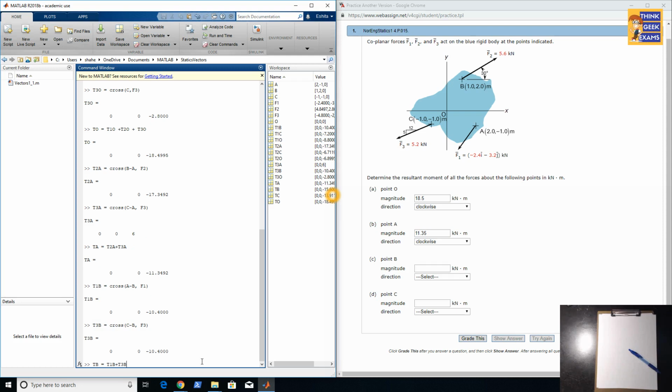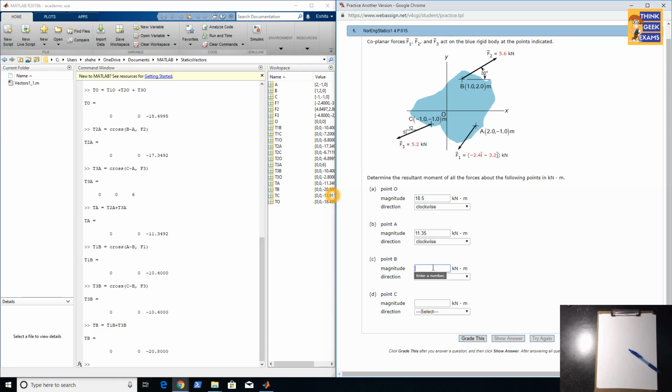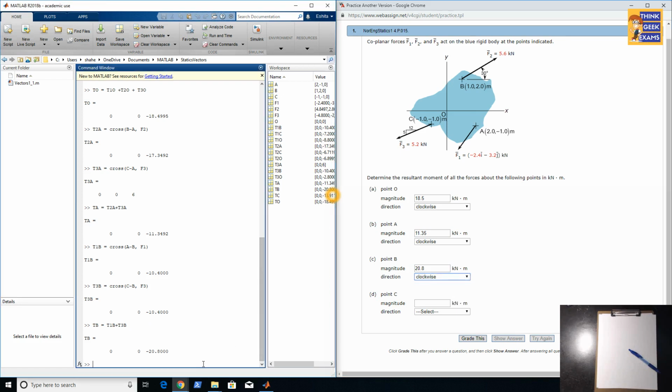That should give us the correct answer for tau B, 20.8 in the clockwise direction. All right, I wonder why all of these are in the clockwise direction.